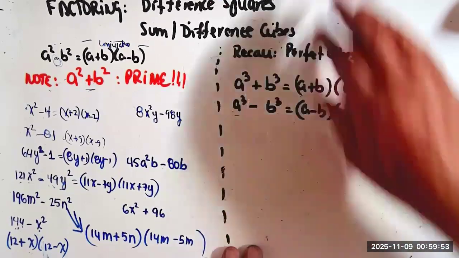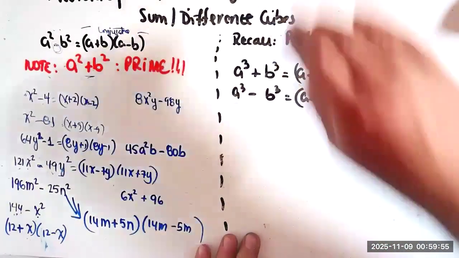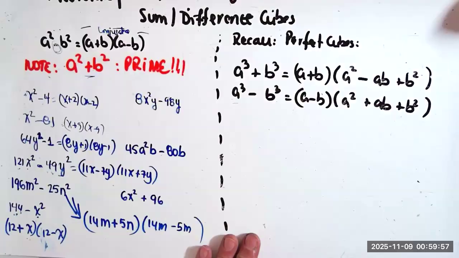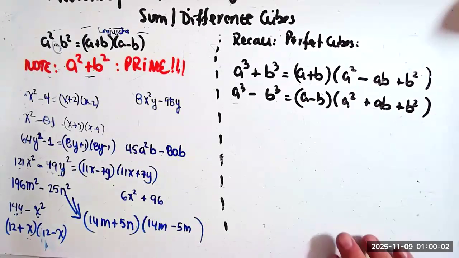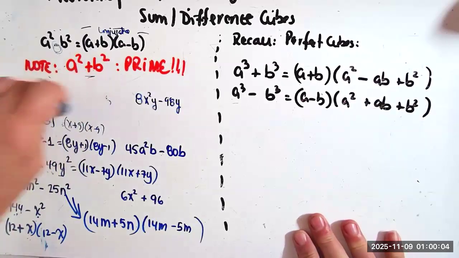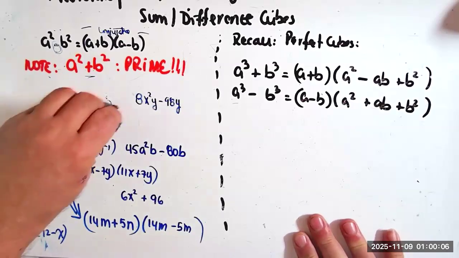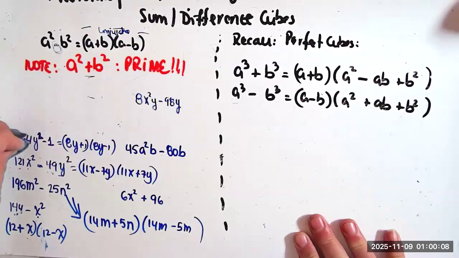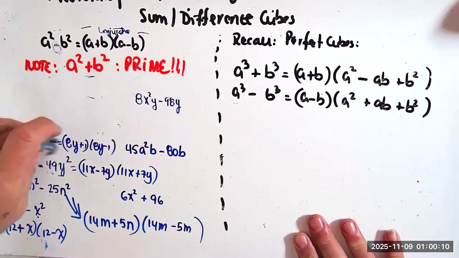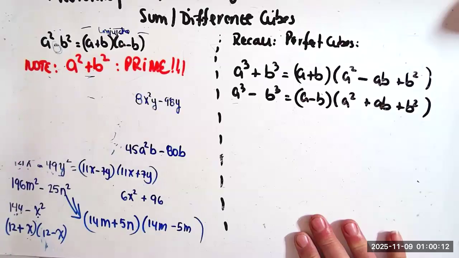Okay, there you go. Oh, it was very messy. So x plus 2, x minus 2; x plus 9, x minus 9; 8y plus 1, 8y minus 1.